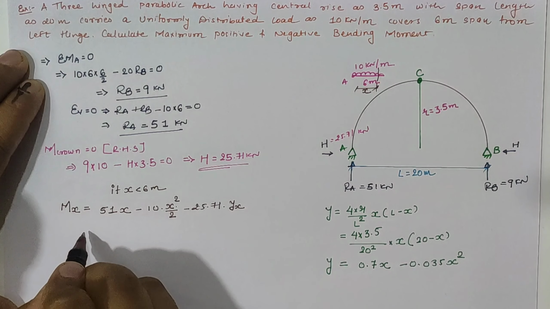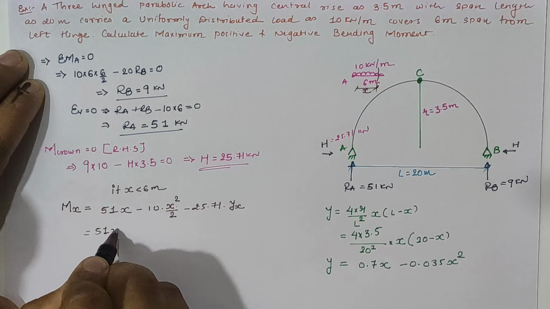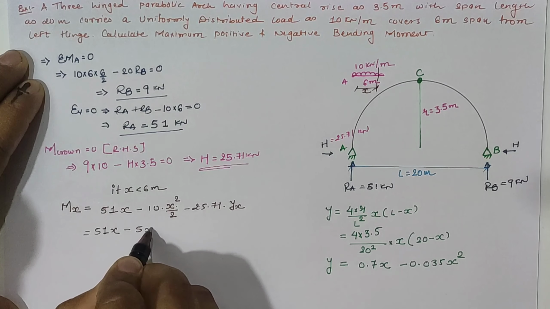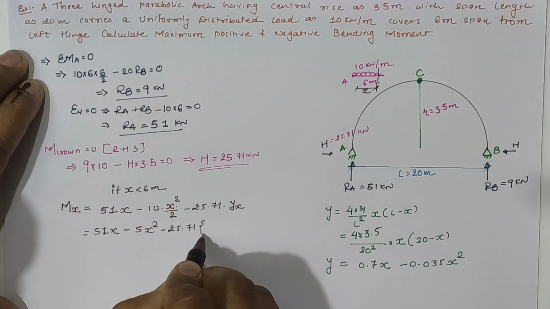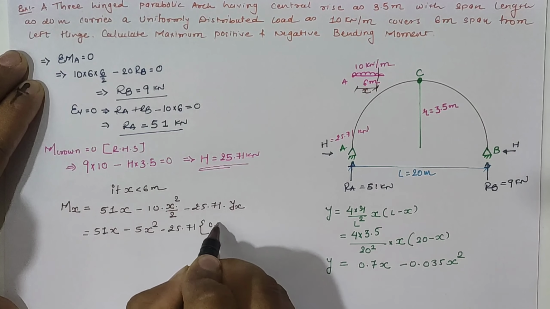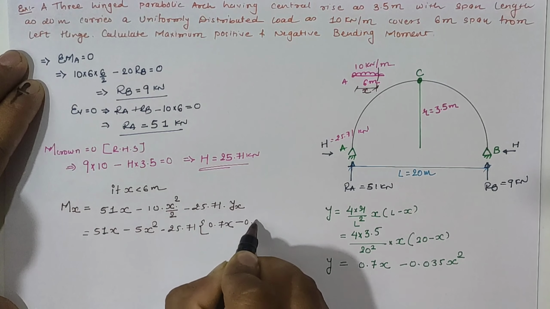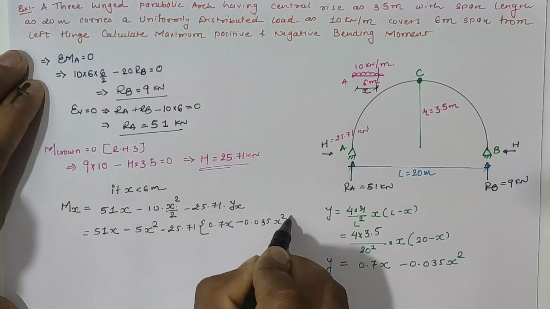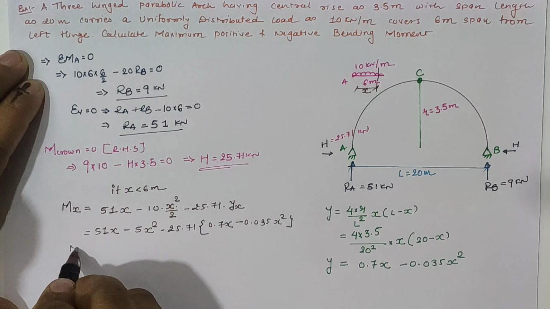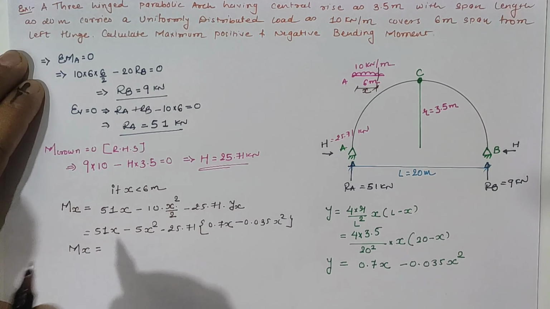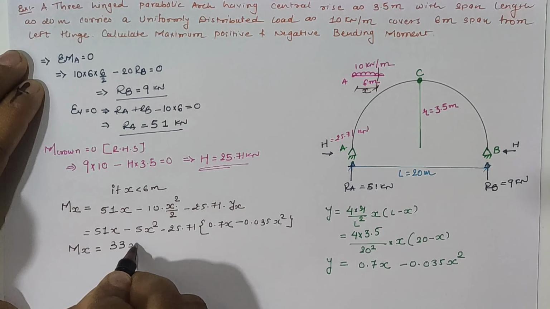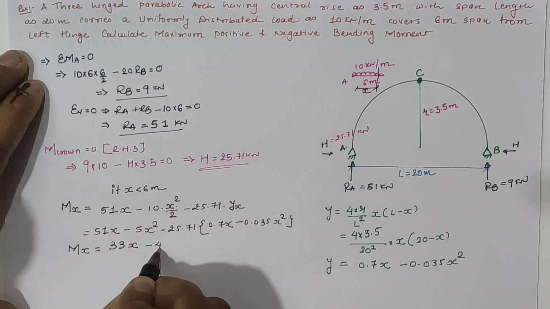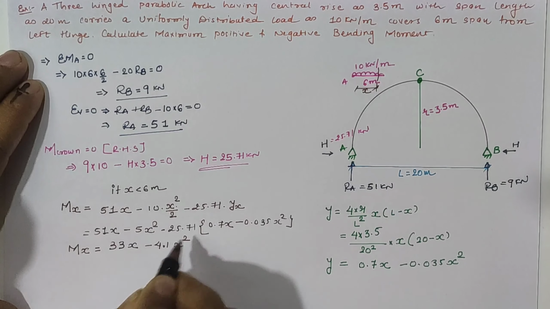So let us put this value of y in the equation for Mx. We will have 51 into x minus 5x square minus 25.71 into yx, which is 0.70x minus 0.035 into x square. Now solving this, we will have Mx equal to 33 into x minus 4.1 into x square.